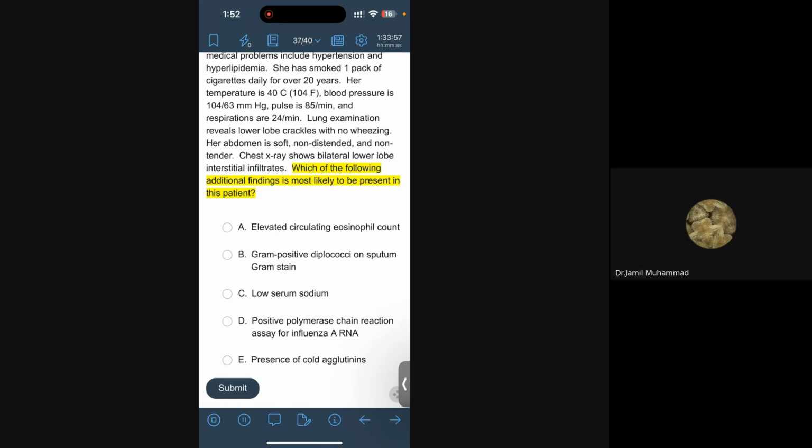What is the main bacteria involved in causing this pneumonia? Legionella, right.